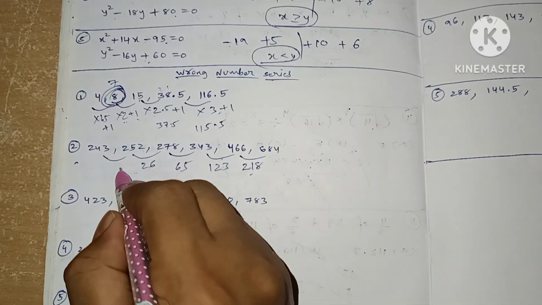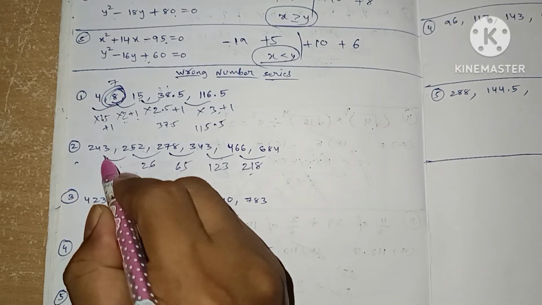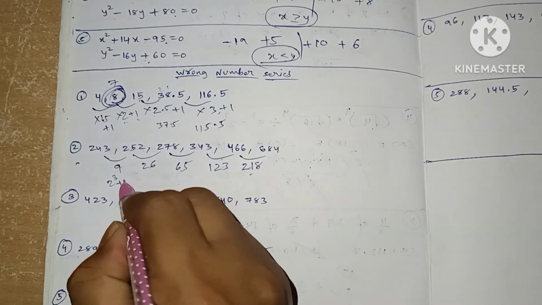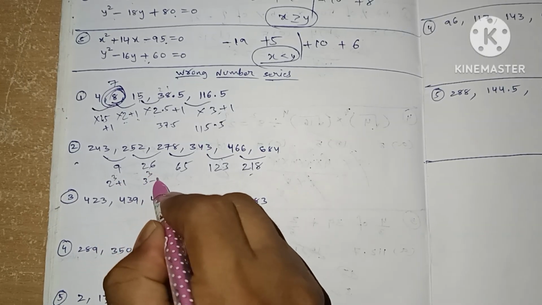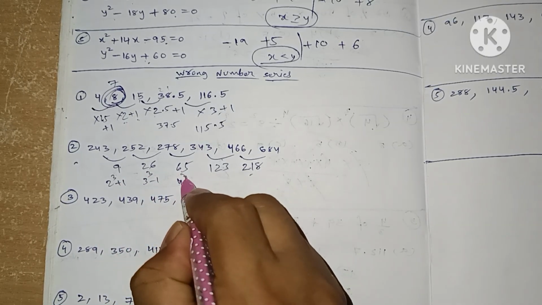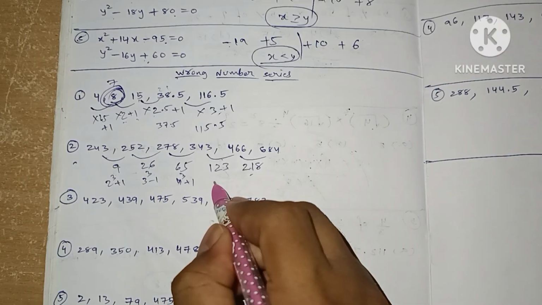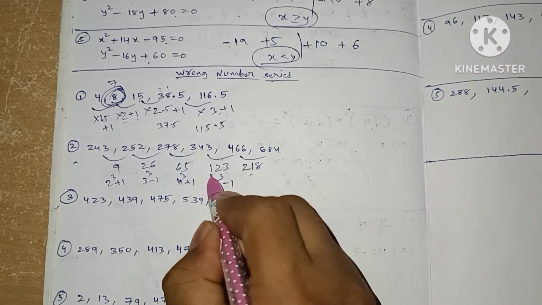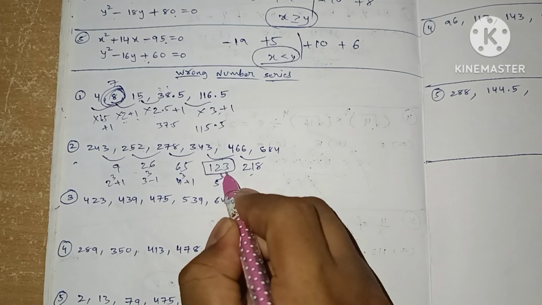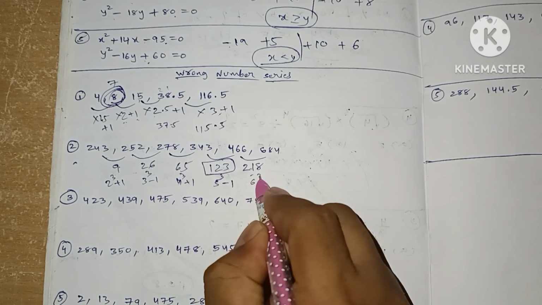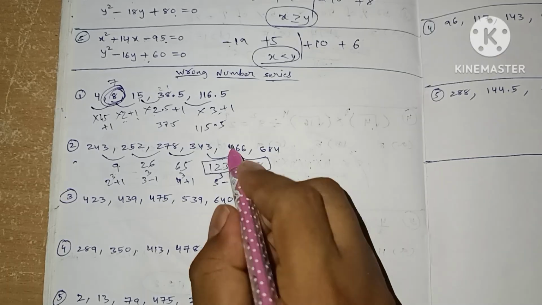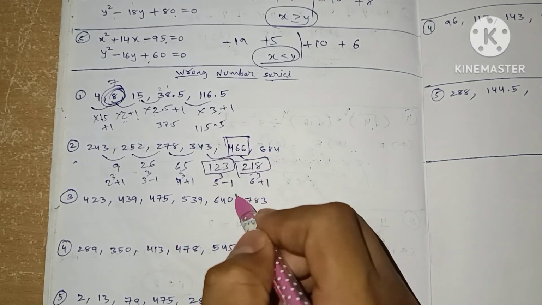Here we see a difference of 9. So it is 2 cube plus 1. This is 3 cube minus 1. This is 4 cube plus 1. This number must be 5 cube minus 1, which is 124, not 123. And this must be 6 cube plus 1, which is 217, not 218. So in between these two, this is our wrong number.